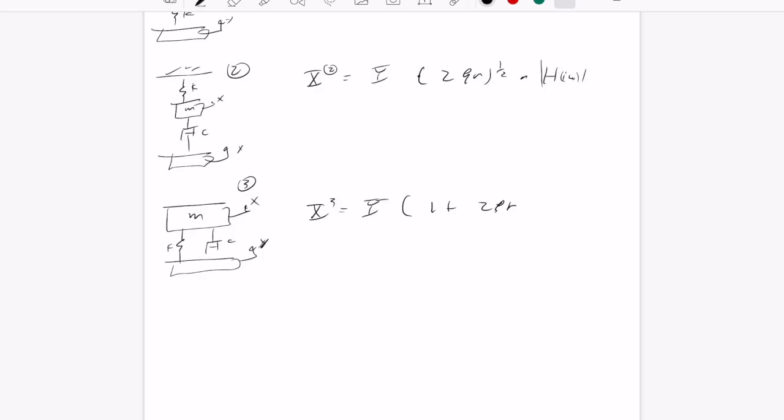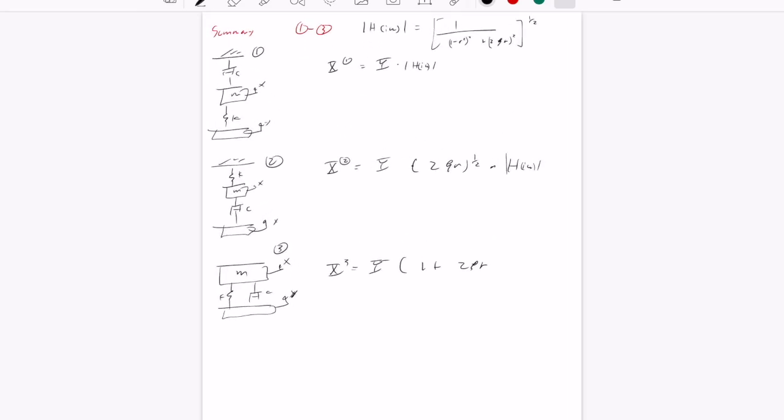I feel like I made a typo. Let me take a look and make sure. Yeah, I think this might have a typo in it. Let me look at system 2.